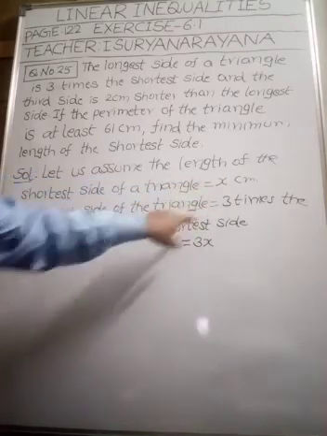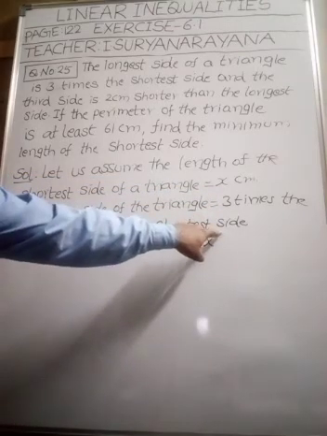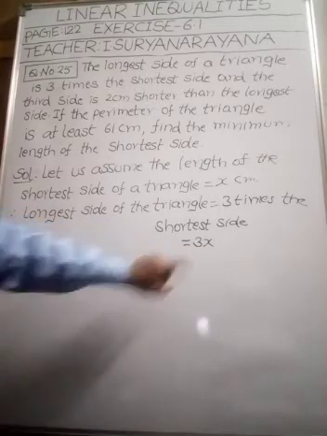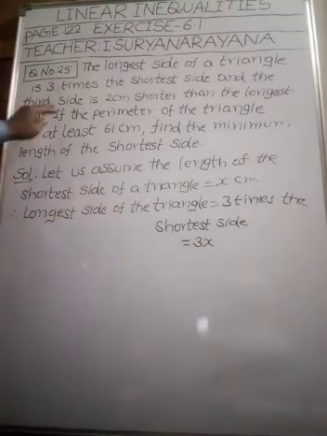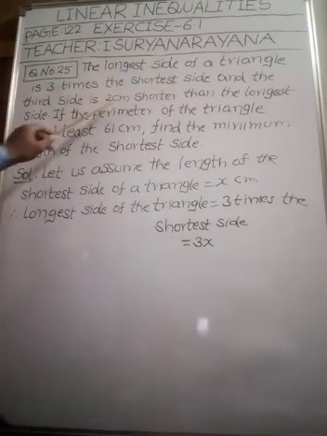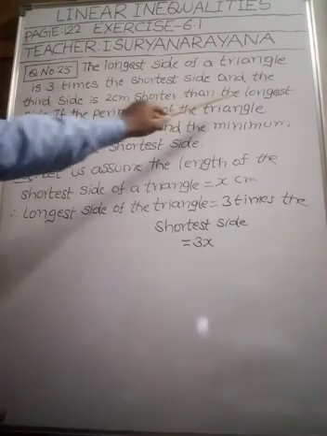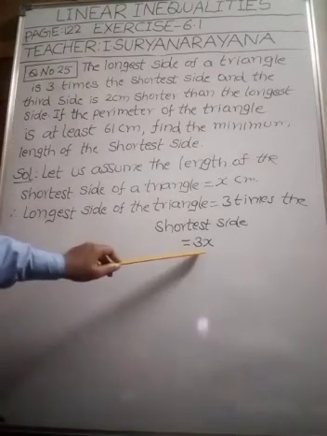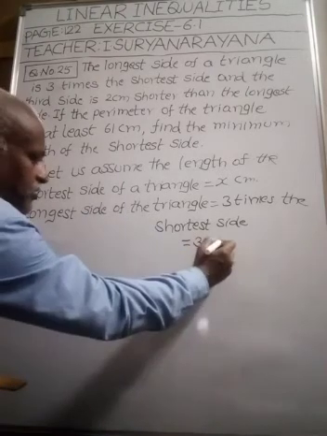So we are writing this sentence in the form of an expression like this. Understood this step, my children? Right. Now come to the third side. What is the third side here? The third side is 2 centimeters shorter than the longest side. What is the longest side here? Length of the longest side is 3x centimeters.